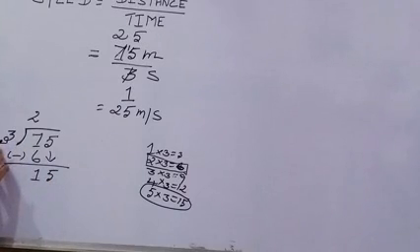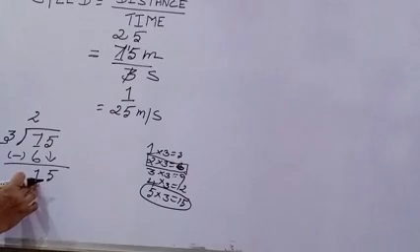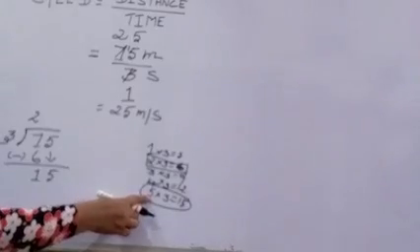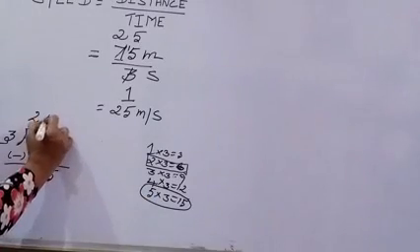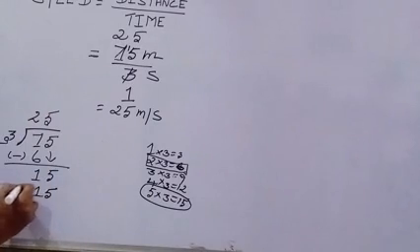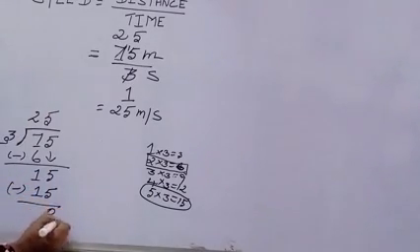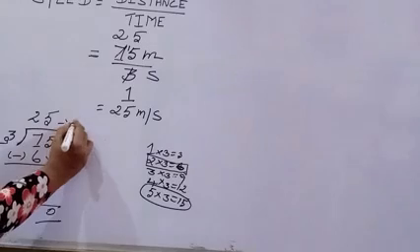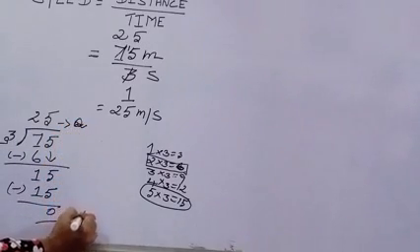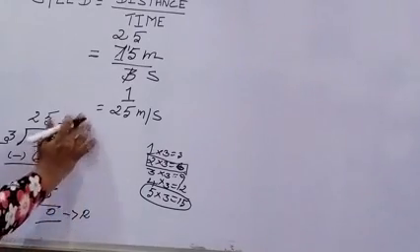Next, children, how many times 3 in 15? You check. 4 3s are 12 and 5 3s are 15. So 5 times. 5 3s are 15. Subtract. What do you get? 0. So your quotient is 25 and your remainder is 0.